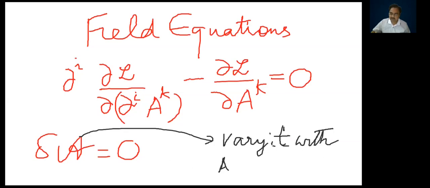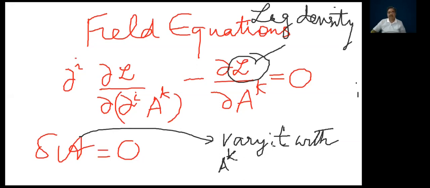Now the field coordinates are, of course, AK, or you can write AI. Okay. So when you vary the action with respect to the field coordinates, you get the field equations. And in these field equations, you have to put the expression for the Lagrangian. Now, I call it Lagrangian, but it is basically Lagrangian density.